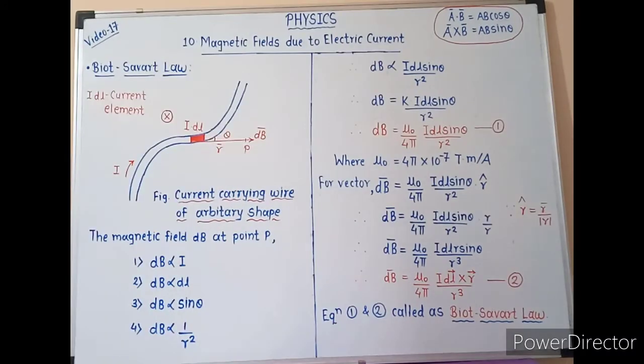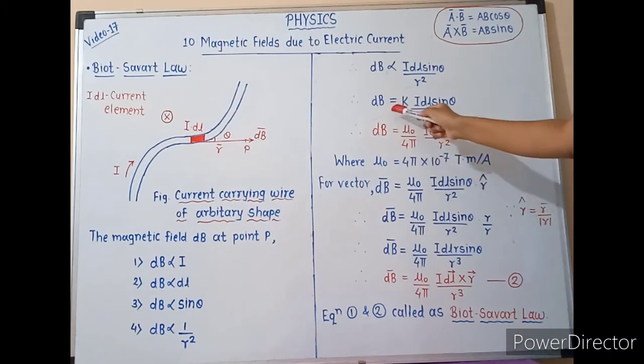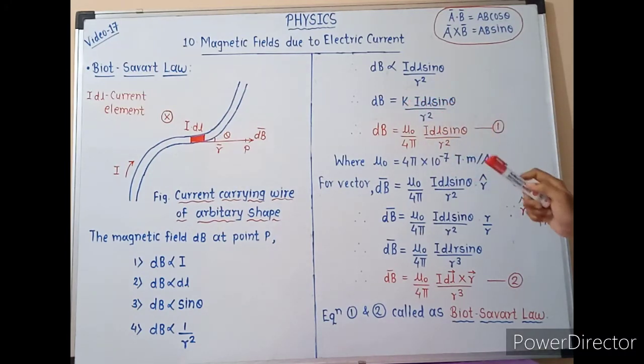Now combining all these equations, we get dB is directly proportional to I dl sin theta upon r square, where I is the current flowing through the wire, dl is the length of the element, theta is the angle between current element and r bar, and r square is the square of the distance between current element and point P. So we get dB is equal to k into I dl sin theta upon r square.